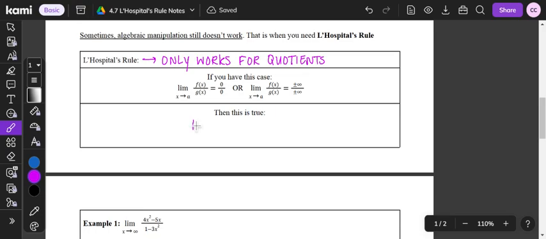And the rule says the limit as x approaches some number of this crazy equation is going to be equal to the limit of, and you take the derivative of the top, so f prime of x, and you take the derivative of the bottom. Okay, let's look at how this works.